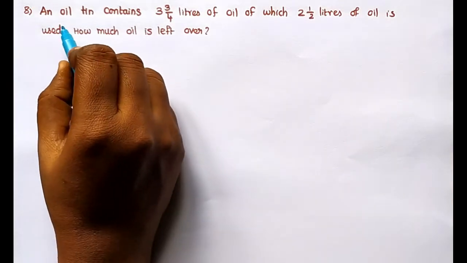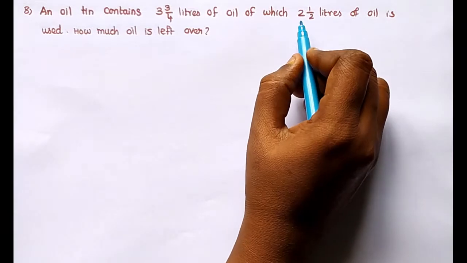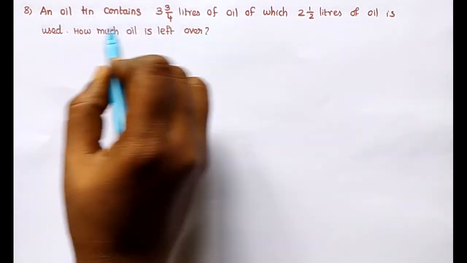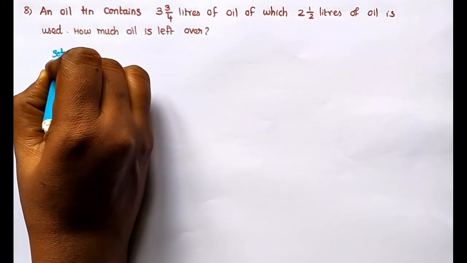Eighth sum. An oil tin contains 3 by 4 liters of oil, of which 1 by 2 liters of oil is used. How much oil is left over? Listen.